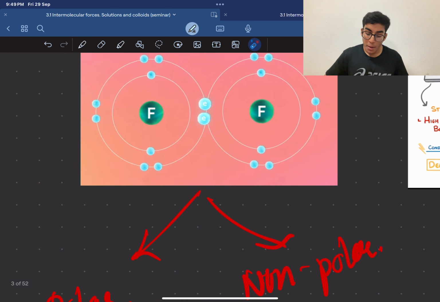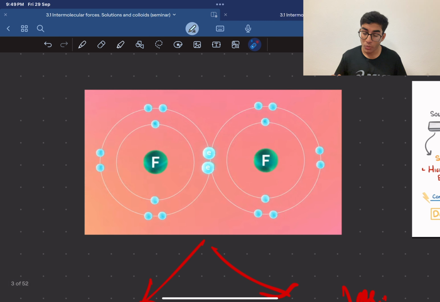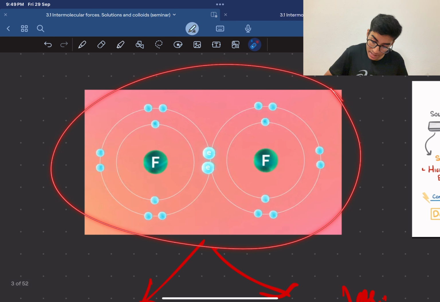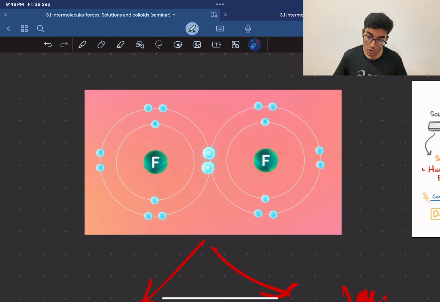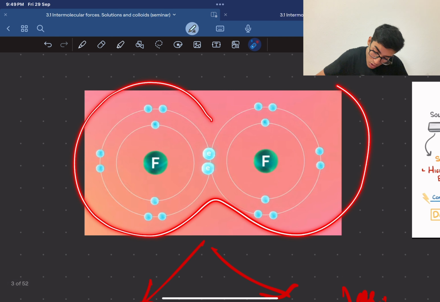Okay? But we have also a class called non-polar covalent bonds, and that is exactly F2. Over here, the electronegativities are equal. So they both are attracting the electrons from both the atoms the same amount. So their electron clouds look very similar to each other.